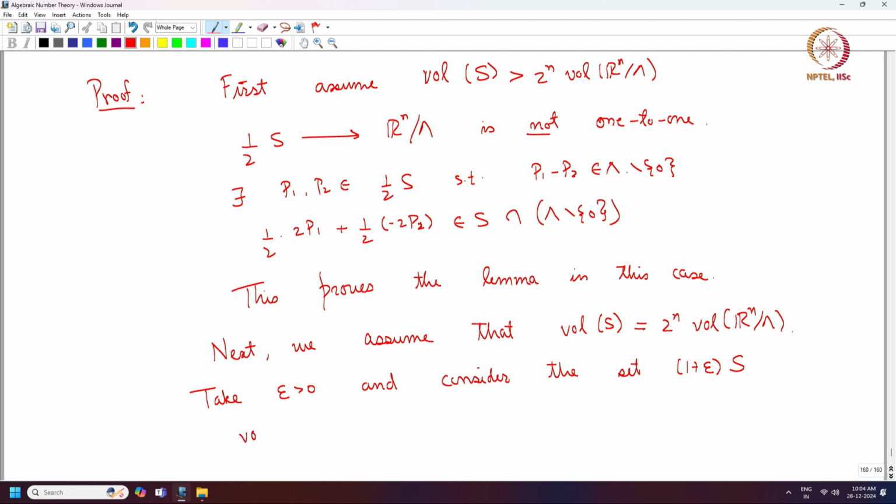Now, the volume of 1 plus epsilon times S is equal to 1 plus epsilon to the n times the volume of S, which is strictly bigger than 2 to the n times the volume of R to the n by lambda. Okay.